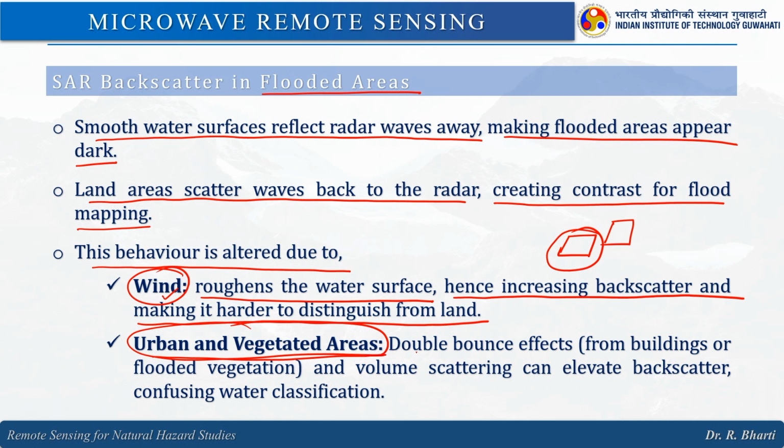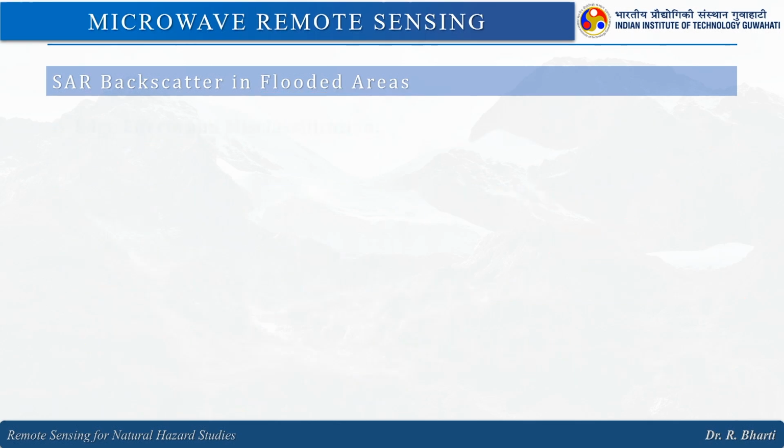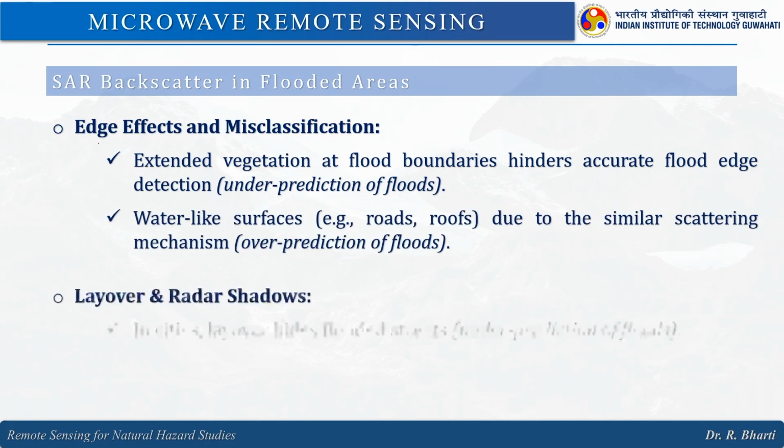Urban and vegetated areas: double bounce effects from buildings or flooded vegetation and volume scattering can elevate backscatter, confusing water classification. So, these two are the major problems when we use microwave data in flood studies.